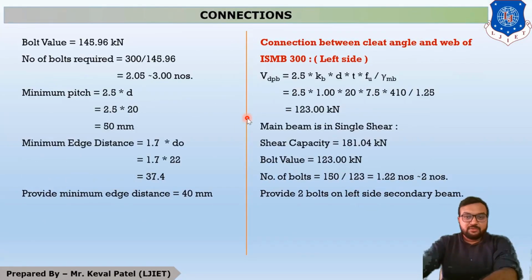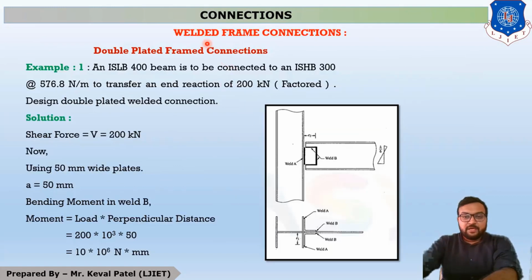The first example is a welded frame connection, and in welded frame connections, our first type is the double plate frame connection. Double plate frame connection means this is our plate, an IS angle plate.